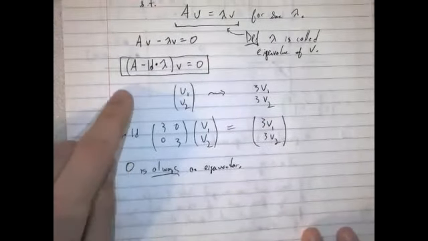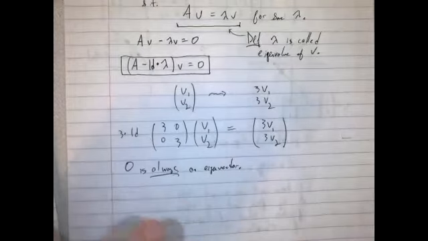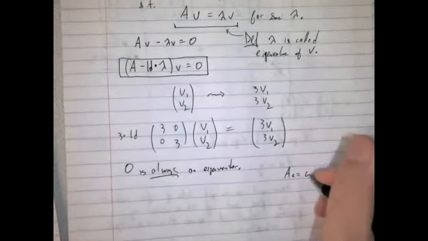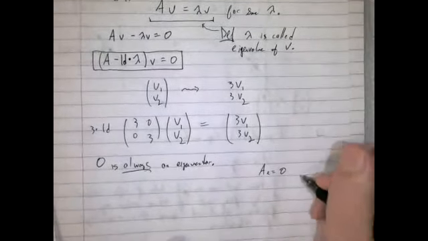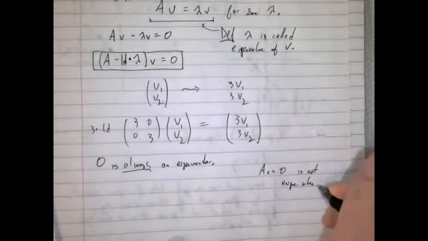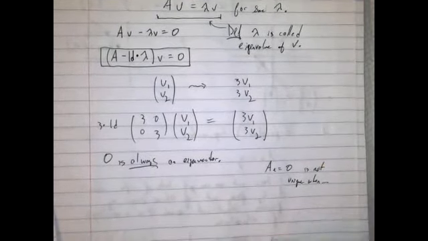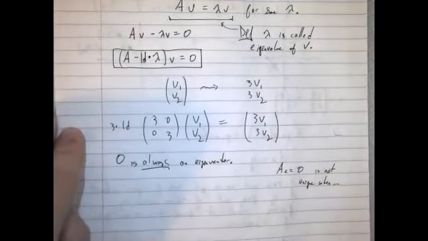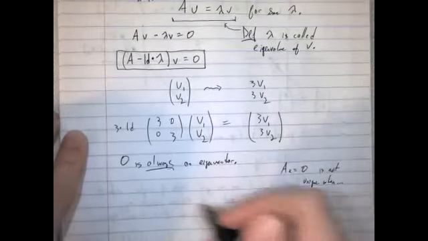What is the condition on a matrix such that it sends other vectors to 0, such that the solution to AX equals 0 is not unique? When the determinant of A is 0? Exactly.